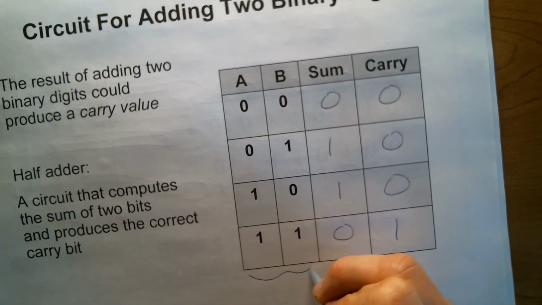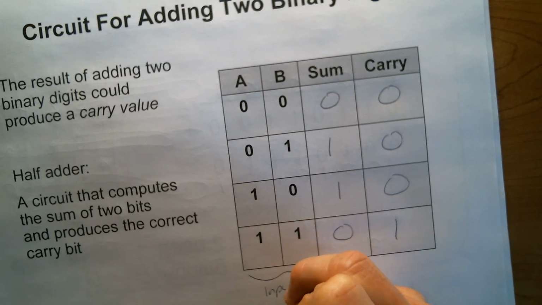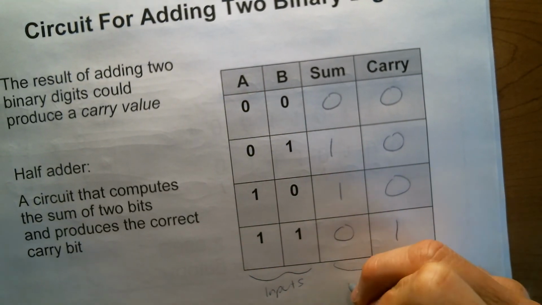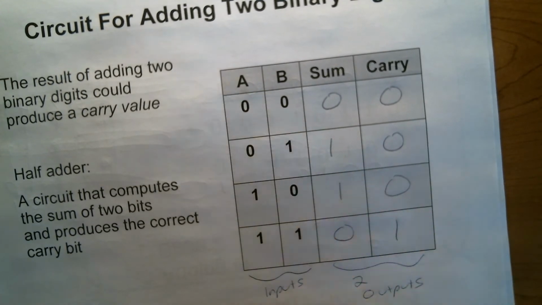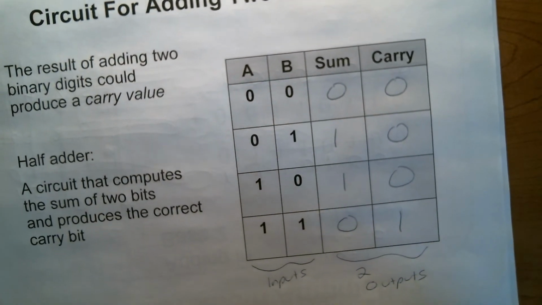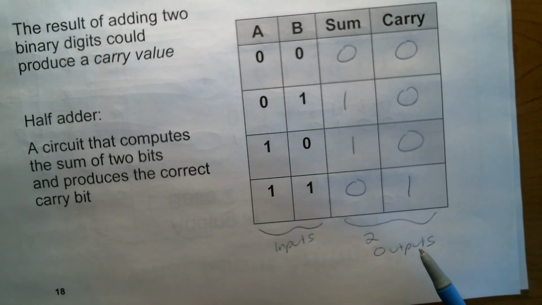So these are our inputs. These are our 2 outputs. And what we just did, without you realizing it, was we basically just described a half adder, a circuit that computes the sum of 2 bits and produces the correct carry bit.